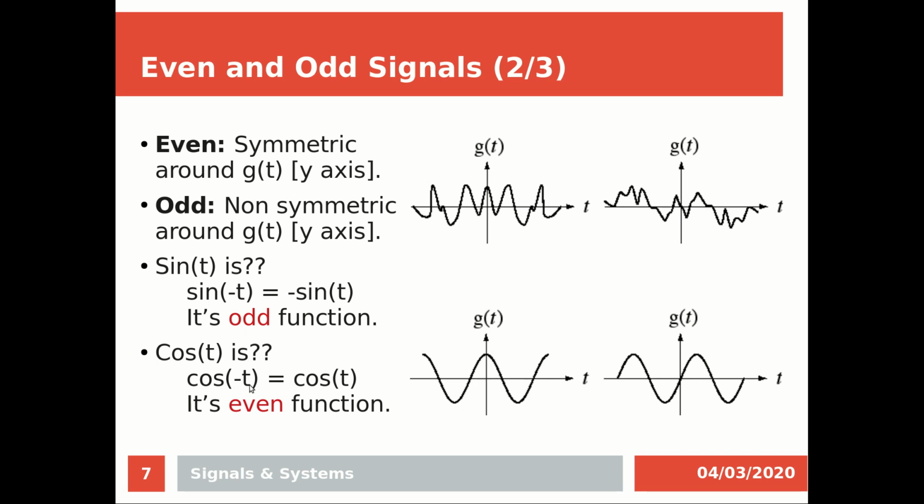So if you write cosine minus 90, cosine minus 30, 60, it will have the same value as cosine 30, cosine 90, whatever the number that you put here. It is the same if you put a minus or not. So this signal we call even signal, even function. So cosine eats the sign, so it has no effect on the function because it is an even signal.